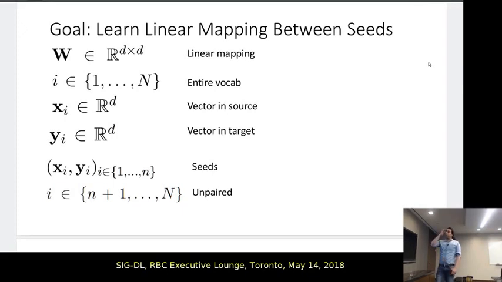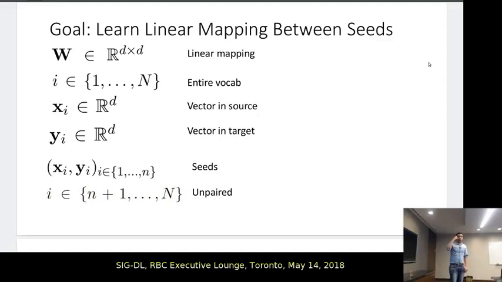So just some notation to get us started. W is our matrix, but also our mapping, which they want to learn. Our entire vocabulary is 1 to n items. x_i is the vector in the source language, y_i is the vector in the target language, and our pairs of seeds are (x_i, y_i), where i goes from 1 to small n.